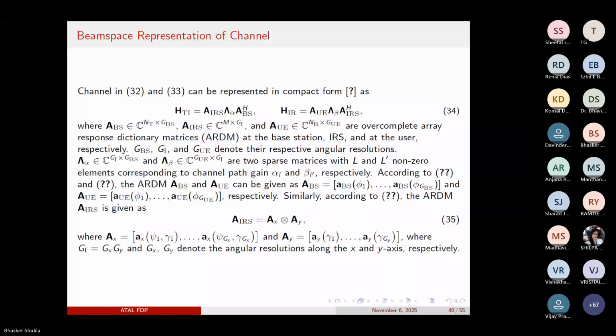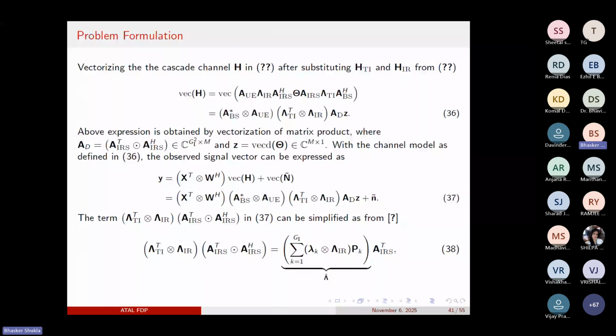So the vectorization of H can be given by equation 36. We do not have to go into much detail on the mathematics here, but we have to understand how the IRS affects the overall channel.